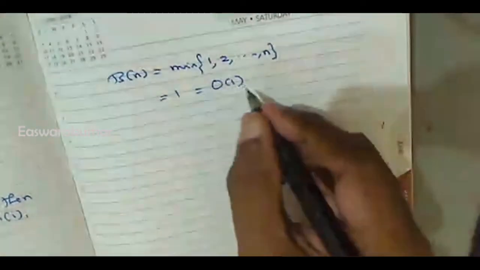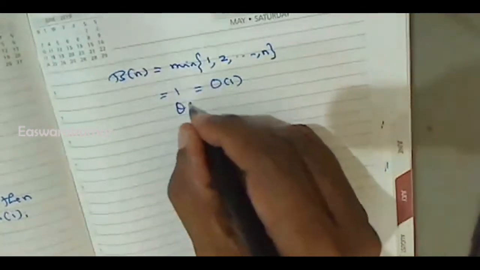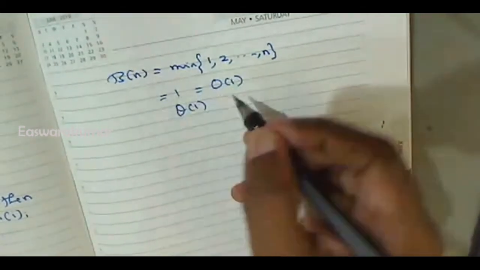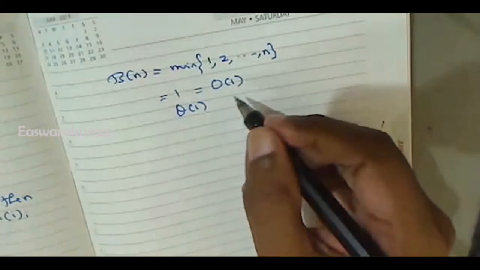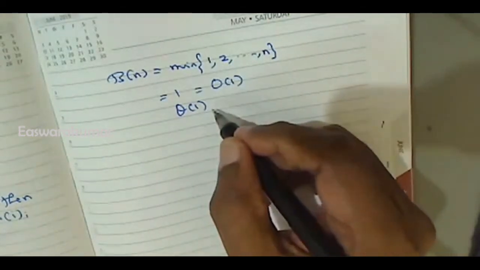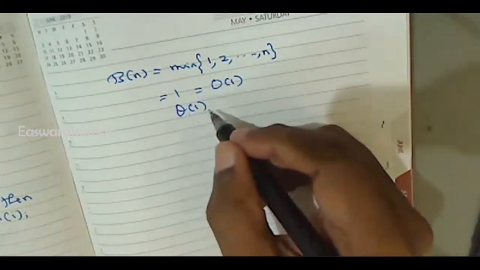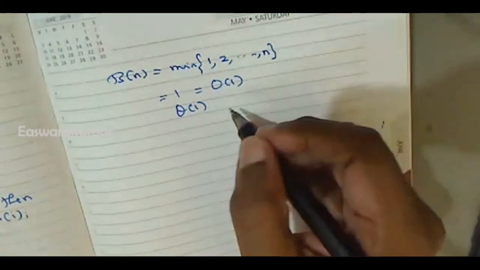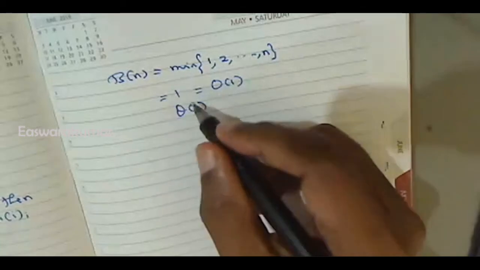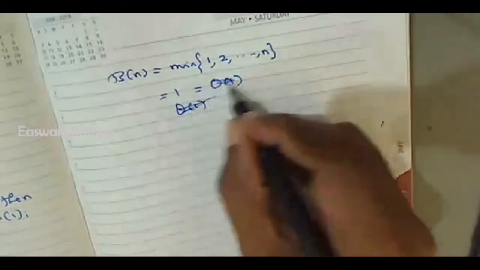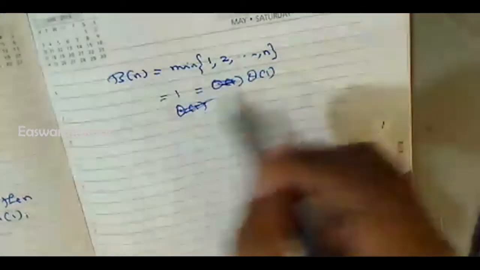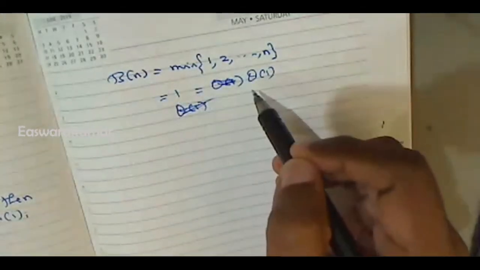And it can even be stated as theta 1, because this is the exact complexity. Actually O of 1 is nothing wrong, because theta 1 is the intersection of O of 1 and omega 1. Theta is the intersection of order and omega. But as a computer scientist, if it is the exact complexity, it is better to say theta notation. So the best case complexity is theta 1.